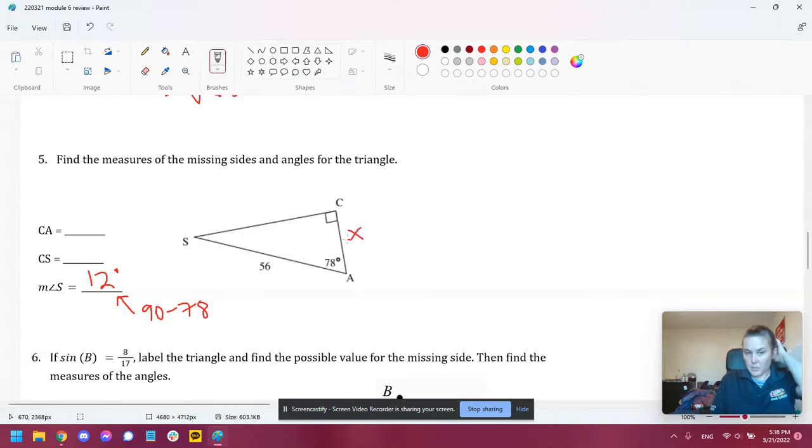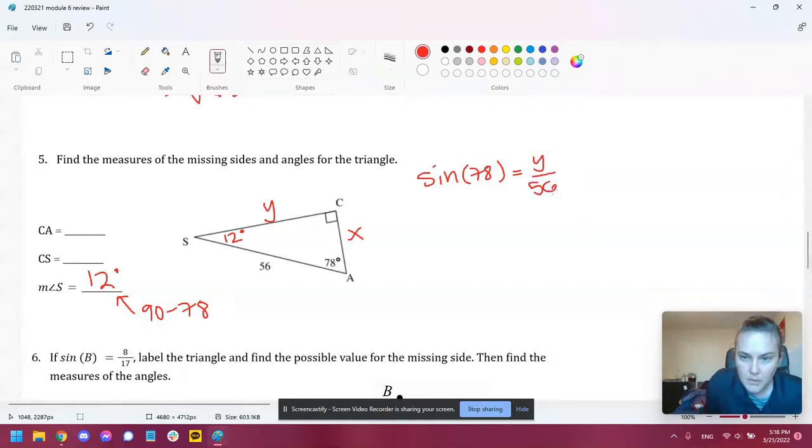Now I'm going to label this one as X and Y because I don't really like dealing with CA and CS's in my equations. And now I'm just going to write a trig equation that uses X, 56, and one of these angles. So I could write that the sine of 78 is Y divided by 56.